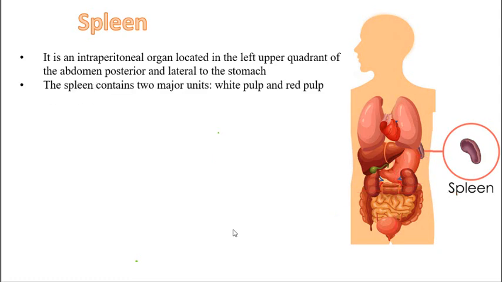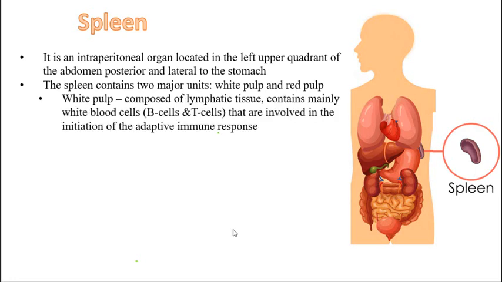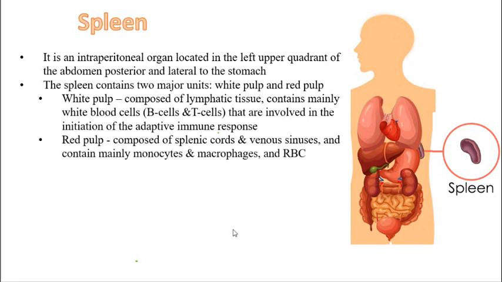The spleen consists of two major parts, white and red pulp. White pulp is where you find a lot of B cells and T cells. Red pulp is where you mainly find macrophages and monocytes. There are also red blood cells located there.